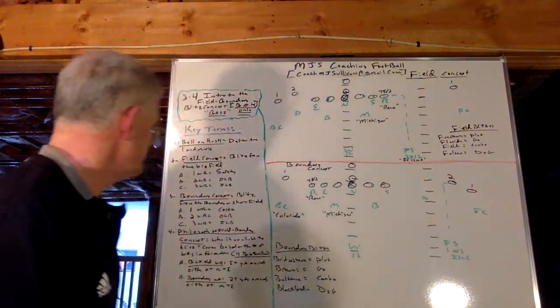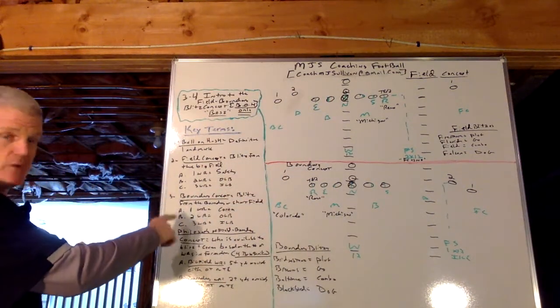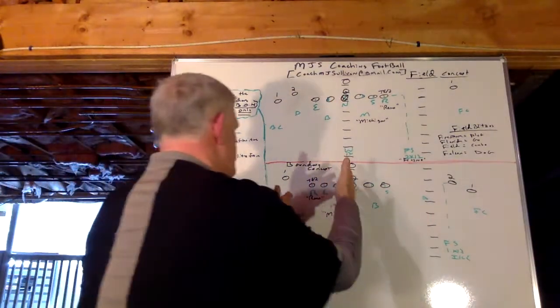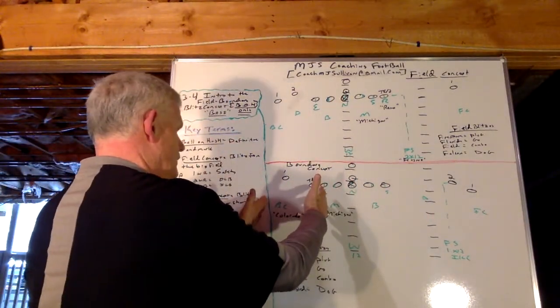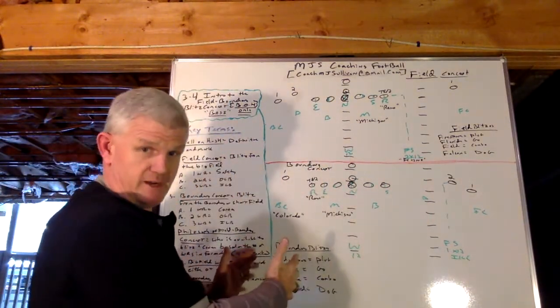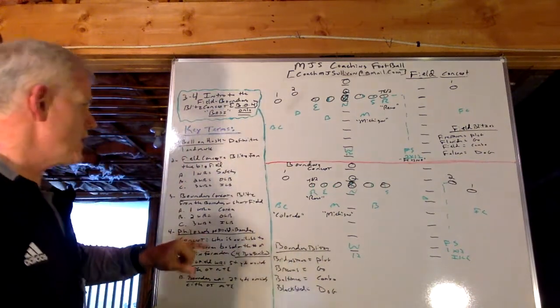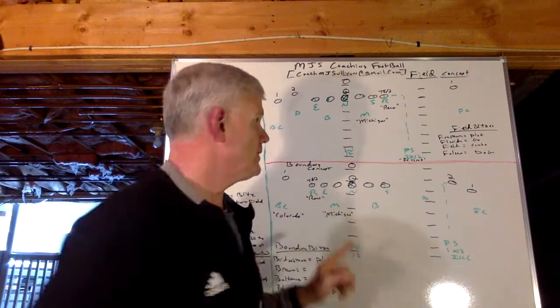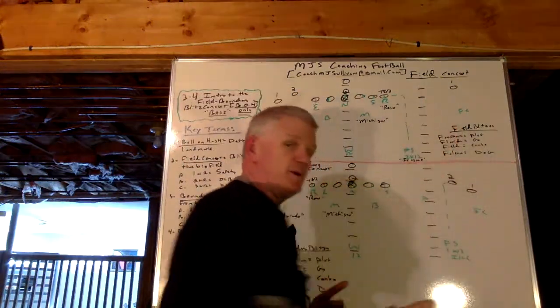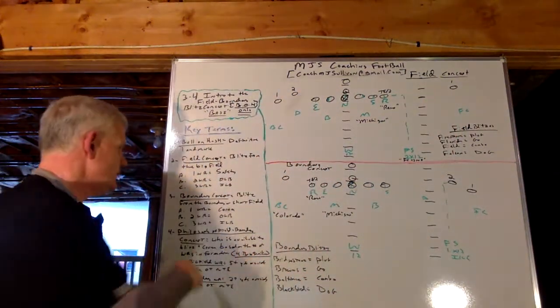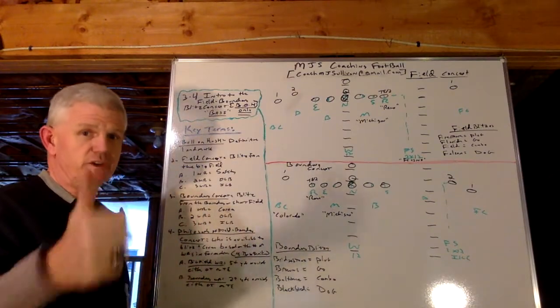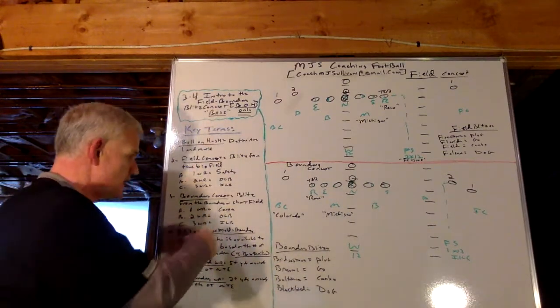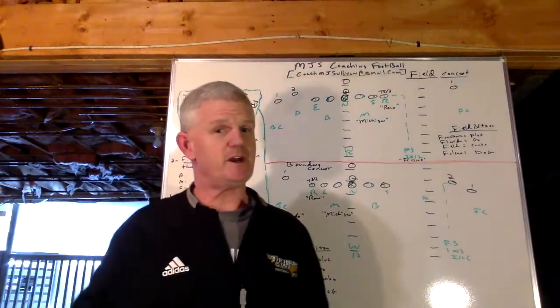Flip side, the boundary concept means the blitz is coming from the boundary, or the short side of the field. So now when there's 1 wide receiver, it's the corner. Big field, it's the safety. But now watch the simplicity. 2 wide receivers, it's still the outside linebacker, and 3 wide receivers, it's still the inside linebacker.